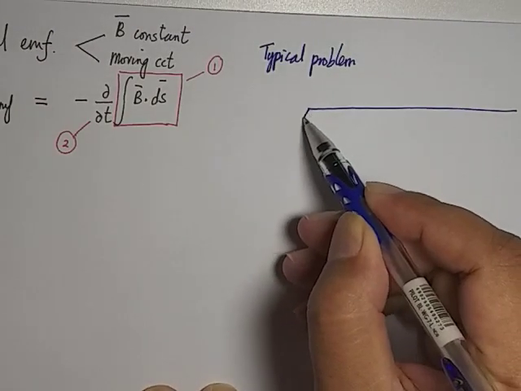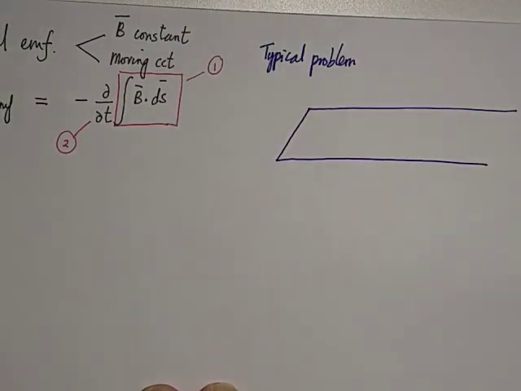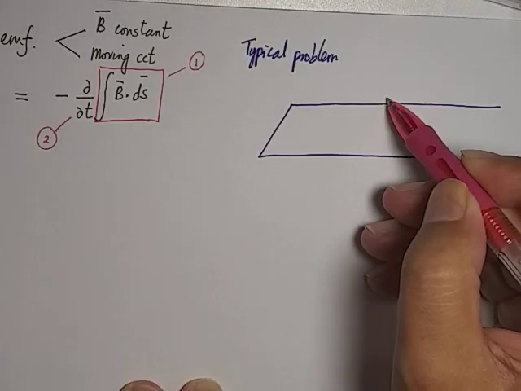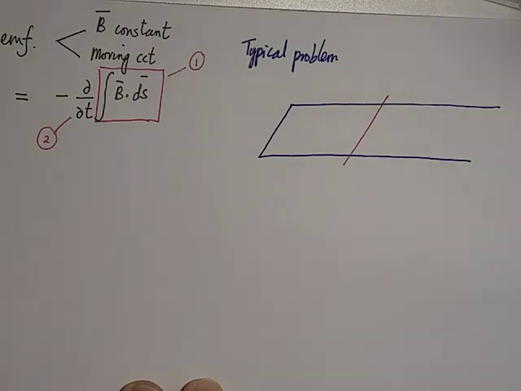Let's say this is your conductor. Usually this blue conductor is fixed, cannot move, and then you have another part of the conductor, the red one, which is movable.